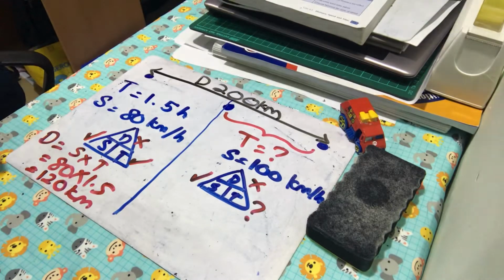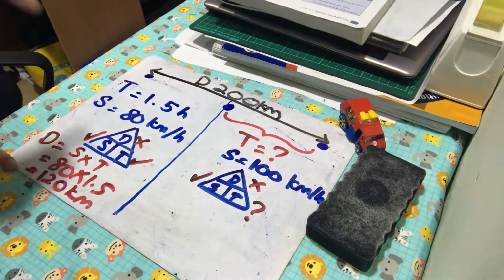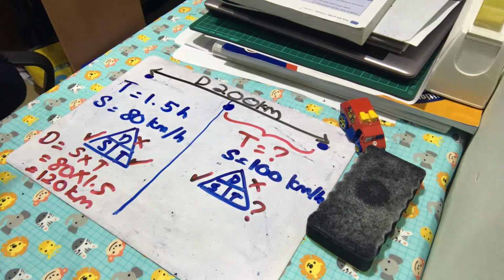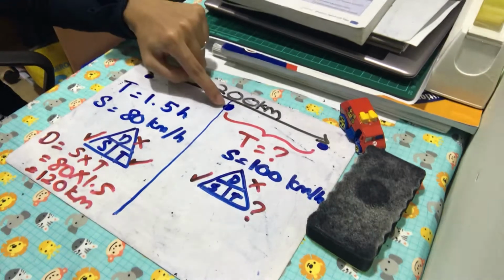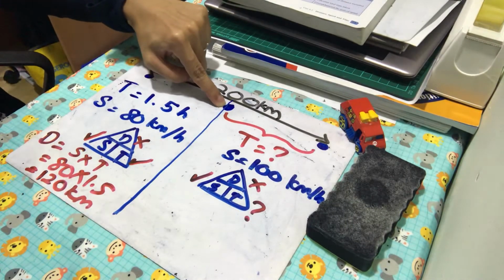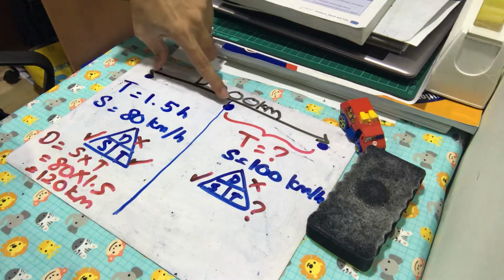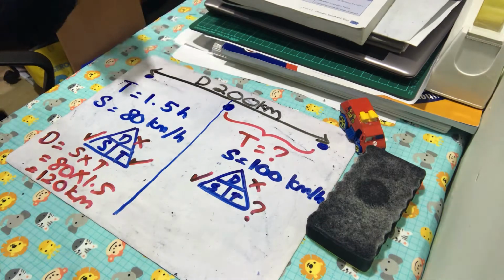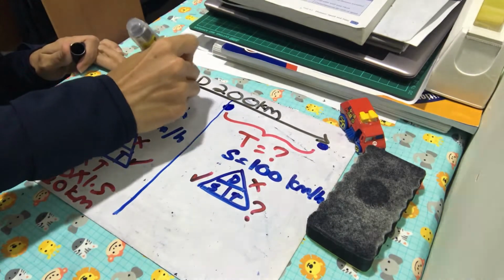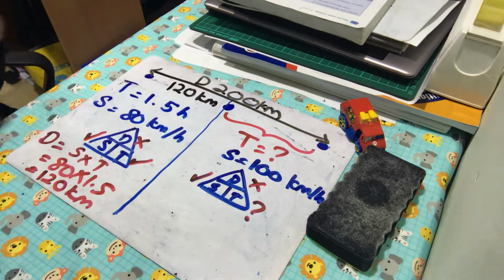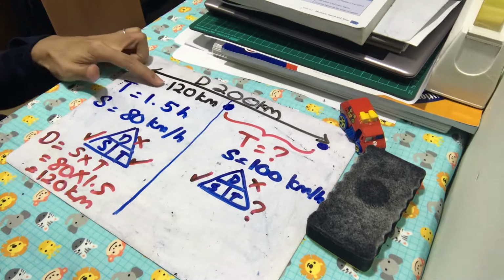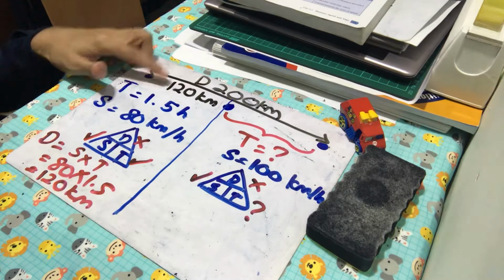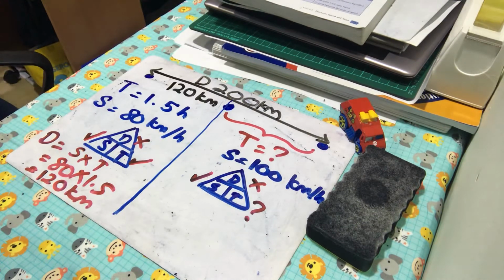Is it useful to get this 120 kilometer? Look back. For this part, from the start until this point, before the speed changed to 100 kilometer per hour, the distance is 120 kilometer.